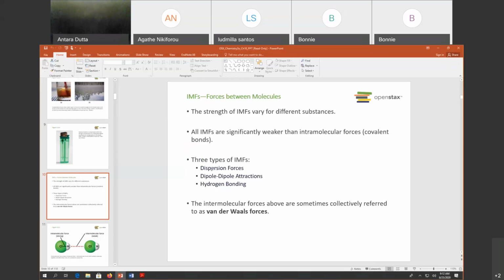Your right-hand side hydrogen molecule also has protons and electrons, right? So at some point, if electrons are on one side and protons are on the other side, this hydrogen becomes slightly negative, delta negative, because electrons are accumulated at one point. And the other side is slightly positive.